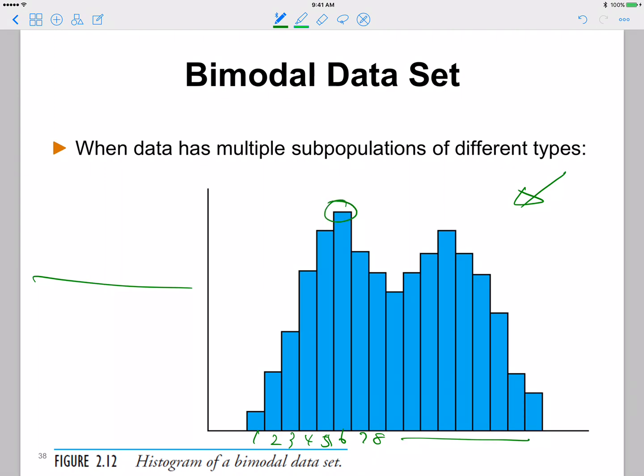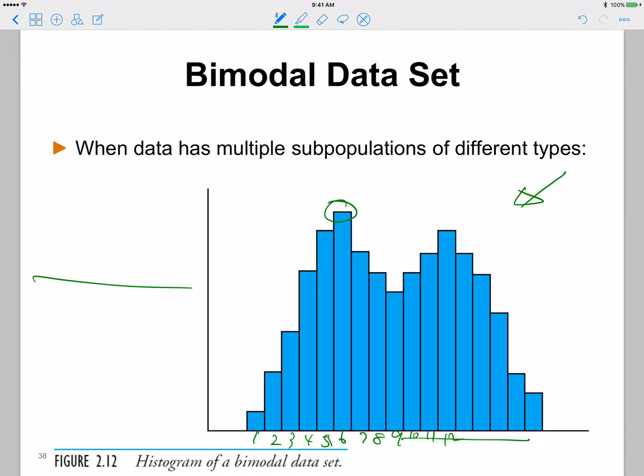But if we think about the meaning of the mode as the value that has this kind of peak, then you can think of it as having two modes. So 6 and 12 are our modes.